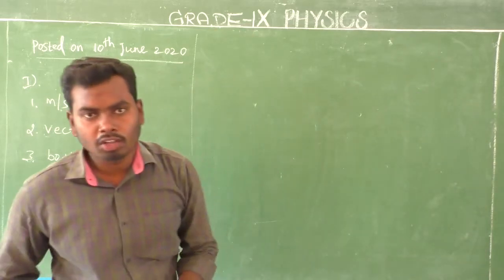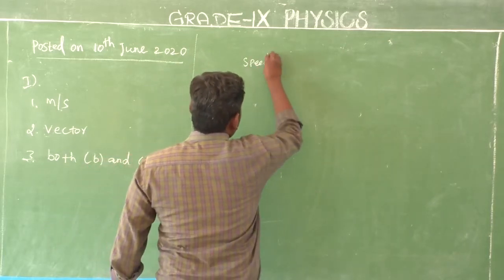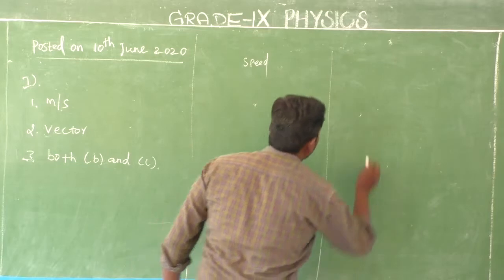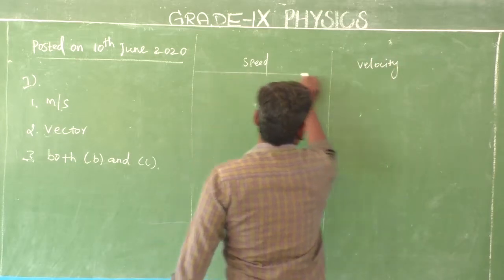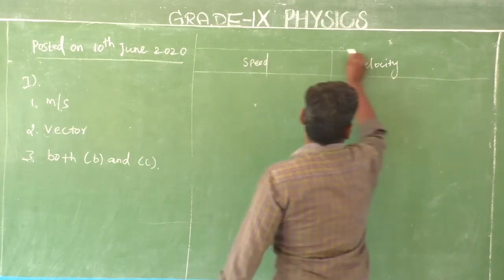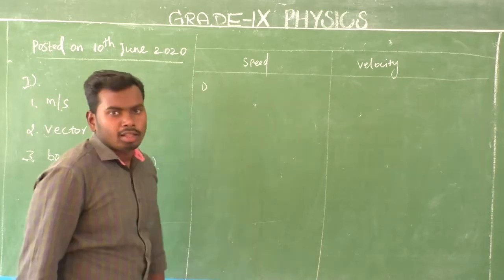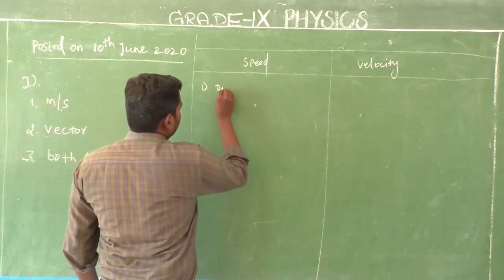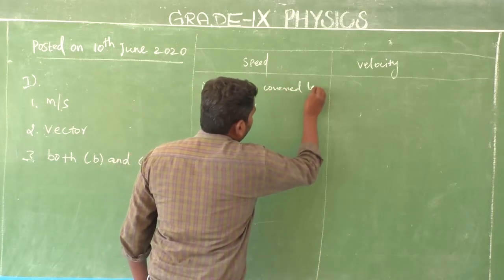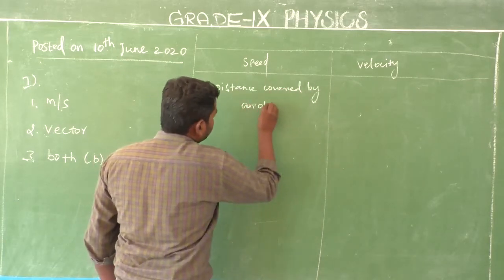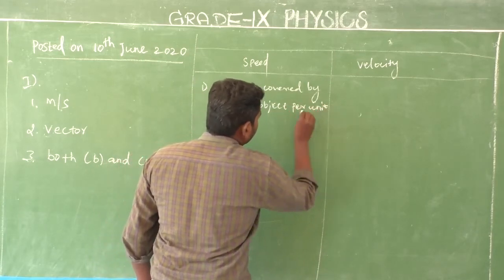Okay, so now I'm going to differentiate between speed and velocity. Look at here: speed and velocity. The first point: what is speed?